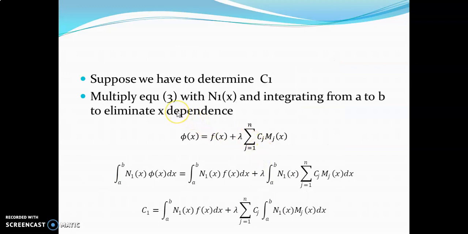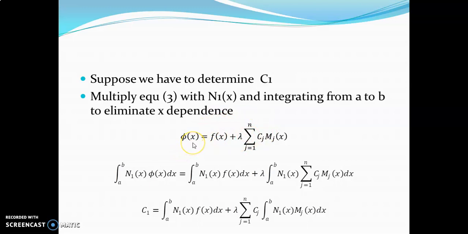So now we have to determine Cj's. For simplicity, we will determine C1 first. So for this, we have to multiply equation number 3 with n1 of x and integrate from a to b to eliminate x dependence. So this is equation number 3.